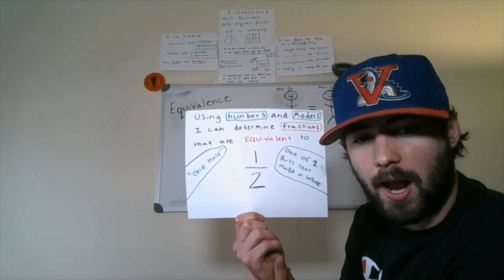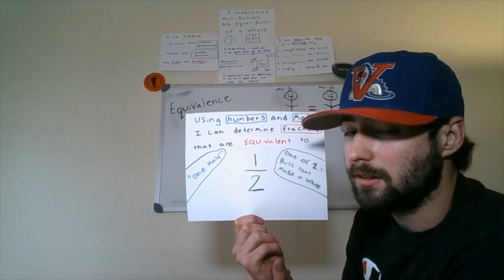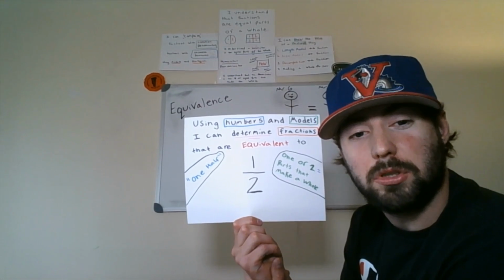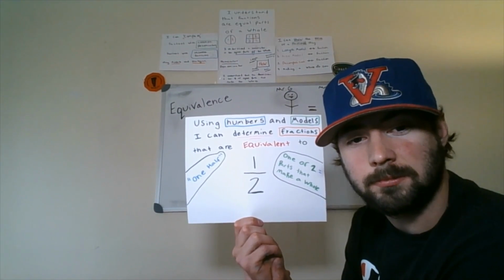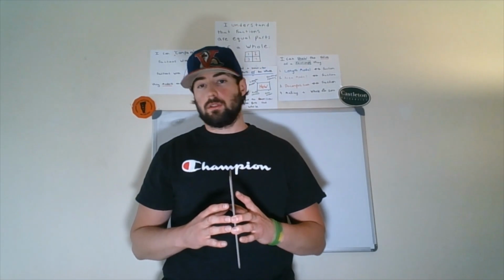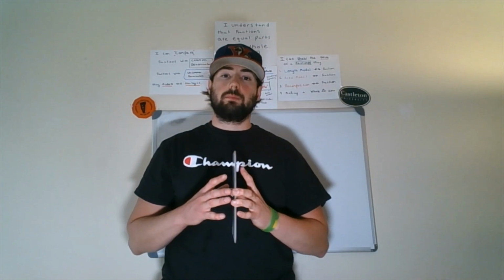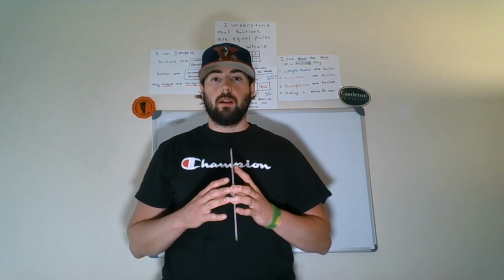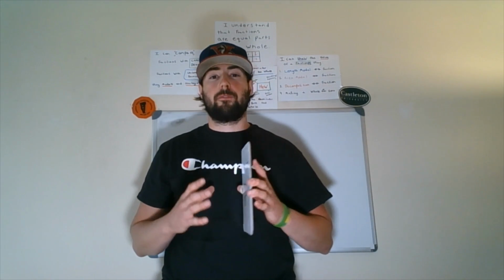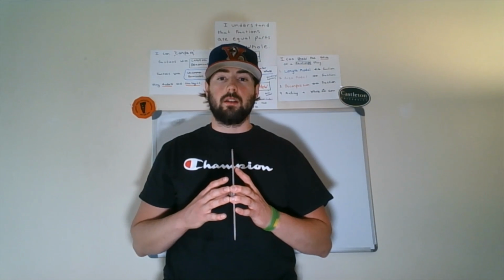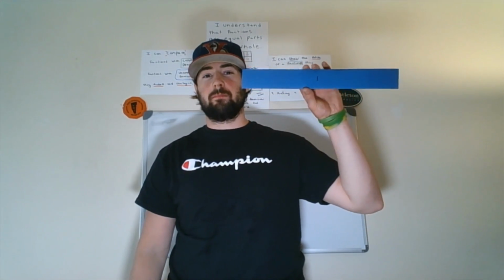Finding equivalent fractions, things smaller than a whole, of course, that are equal to 1 half. Looking at more and more parts. All right, guys, so let's do it. Using that idea today to explore further equivalence, specifically taking a look at other fractions that are equivalent to 1 half. Let's start with using some models.